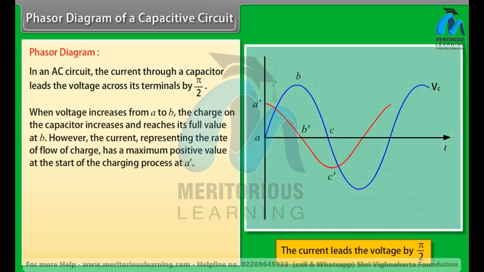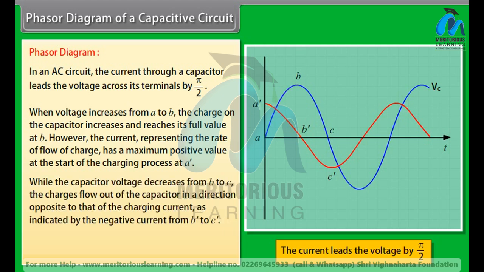When voltage increases from A to B, the charge on the capacitor increases and reaches its full value at B. However, the current, representing the rate of flow of charge, has a maximum positive value at the start of the charging process at A dash, while the capacitor voltage decreases from B to C. The charges flow out of the capacitor in a direction opposite to that of the charging current, as indicated by the negative current from B dash to C dash.